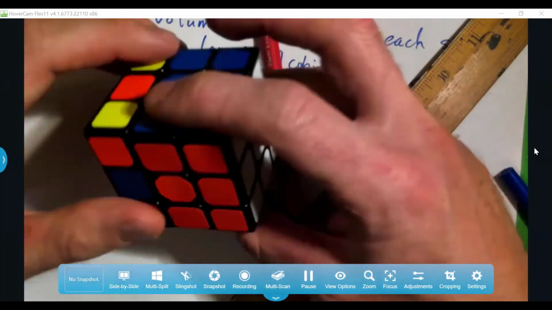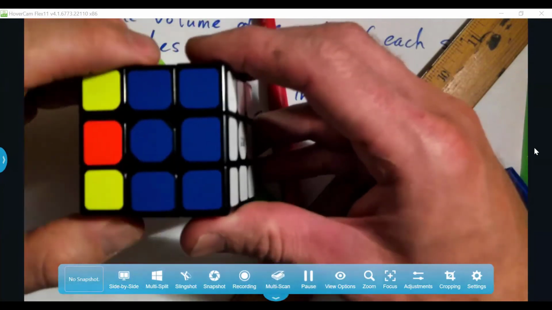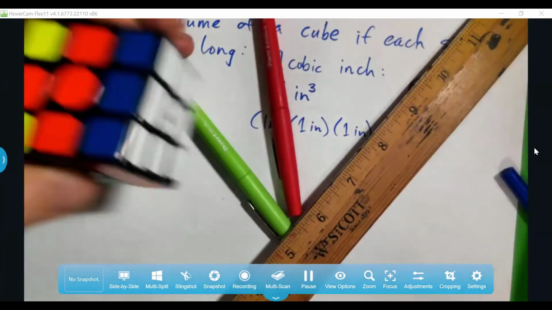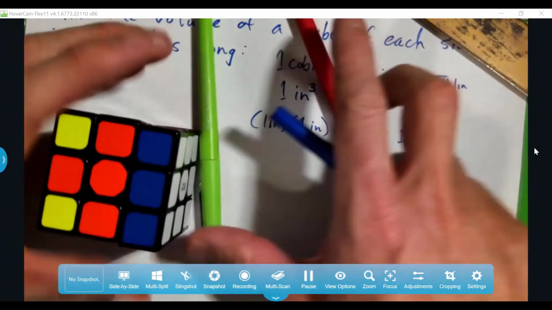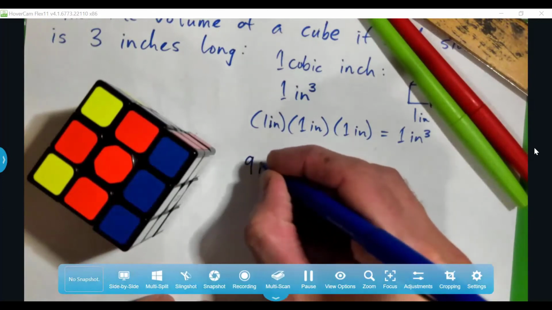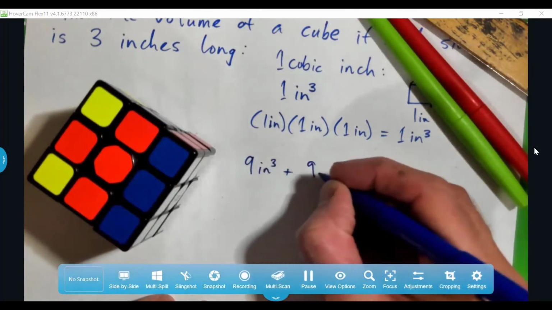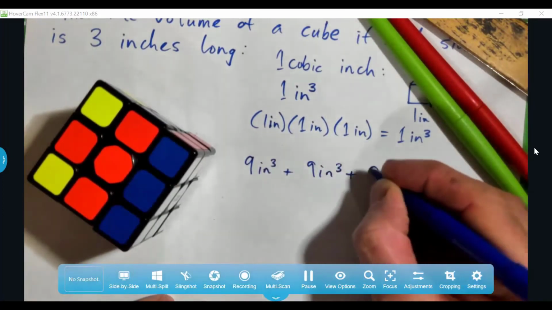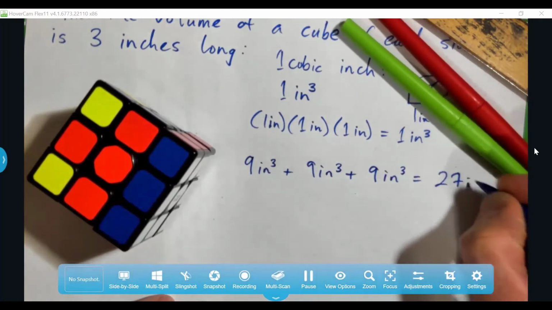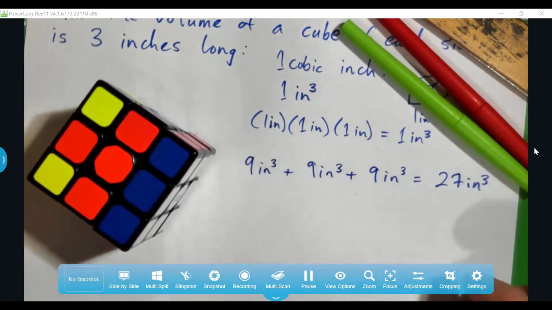The middle is the exact same size as the other two, so the middle also has 9 cubic inches. So basically, this Rubik's Cube has 9 cubic inches plus 9 cubic inches plus 9 cubic inches, which makes 27 cubic inches altogether.